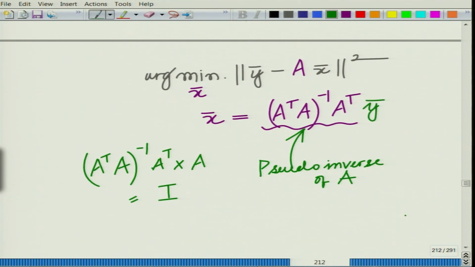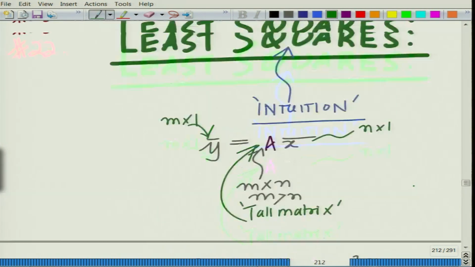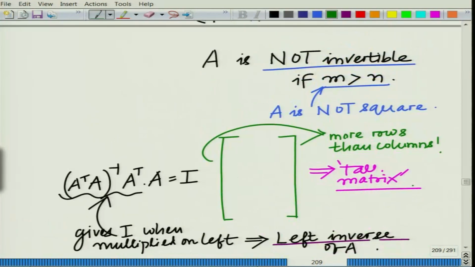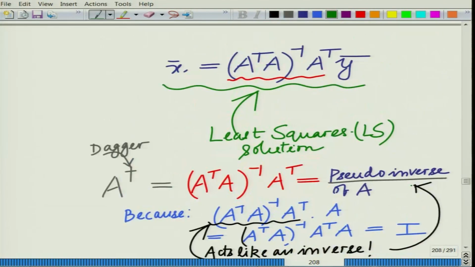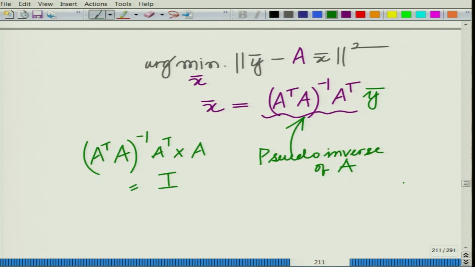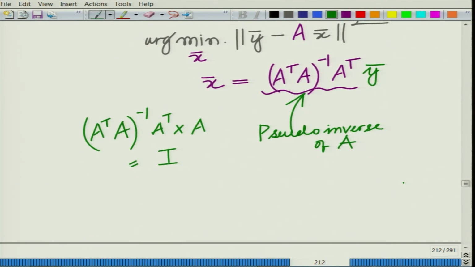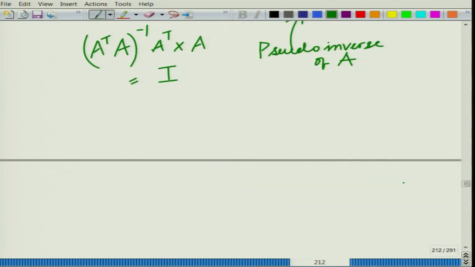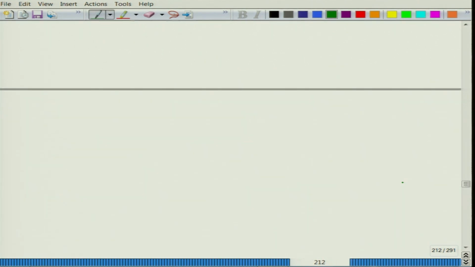So, this is basically your least squares solution, A transpose A inverse A transpose times y bar, and now let us try to understand why this has this particular structure.